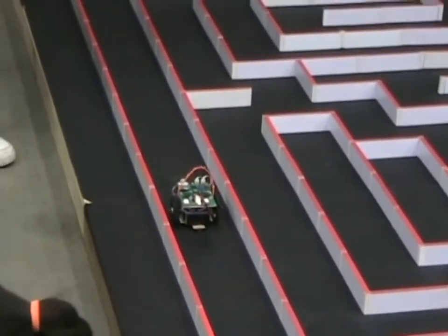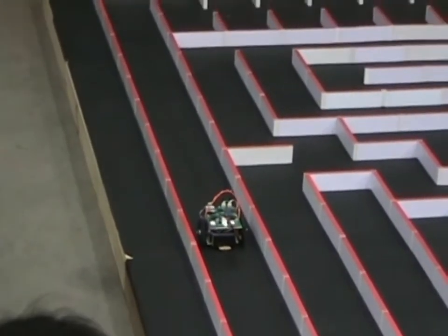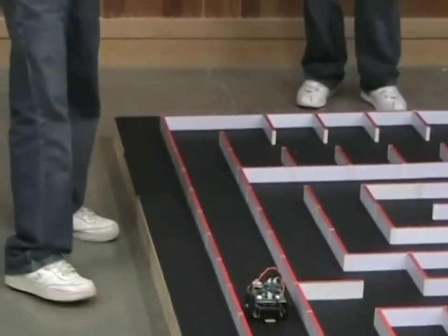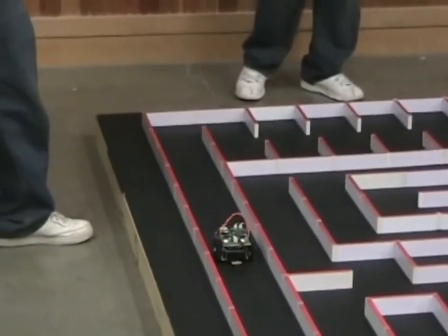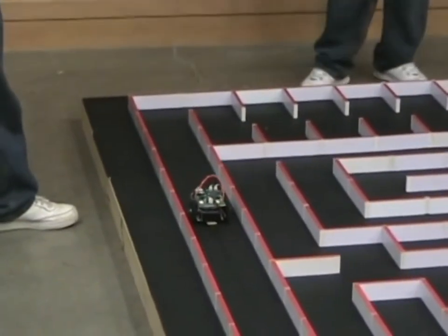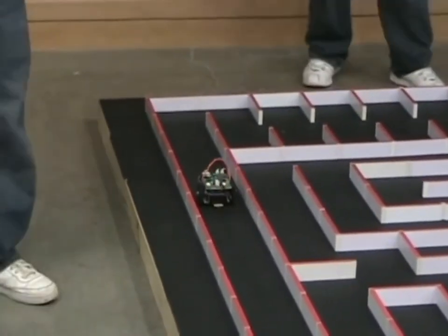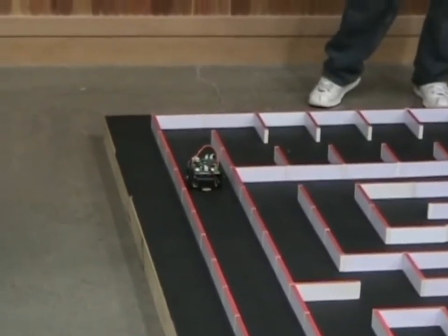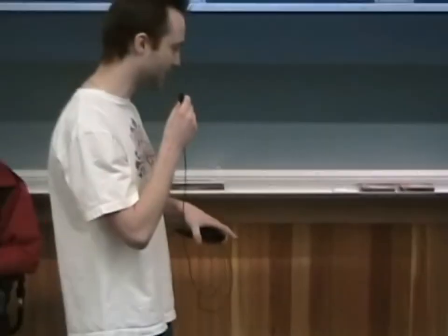So it has to learn, it has to map out the whole thing and try to figure out how to get to the center as quickly as possible at the same time. And it also has to control the motors. These students made the entire thing. Okay, they had to purchase the motors, but even the circuit board, they designed the circuit board themselves, and soldered the components, and wrote the entire program on these things.